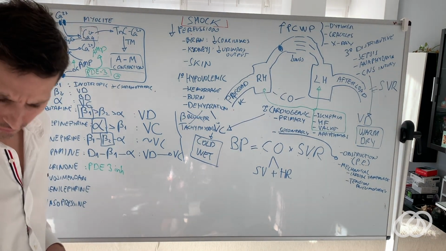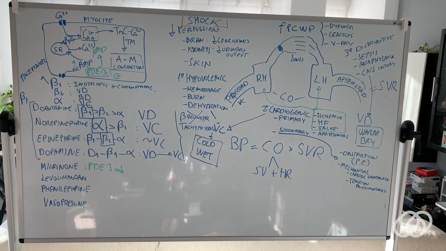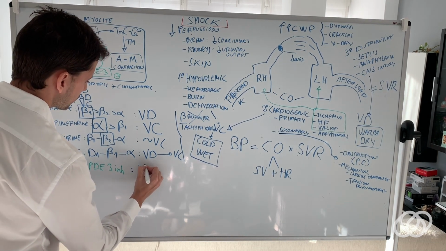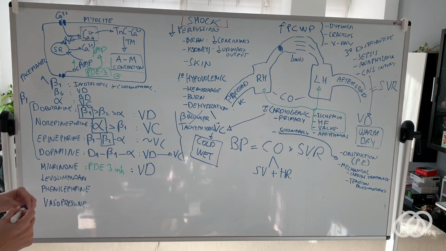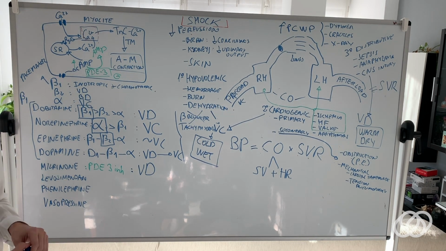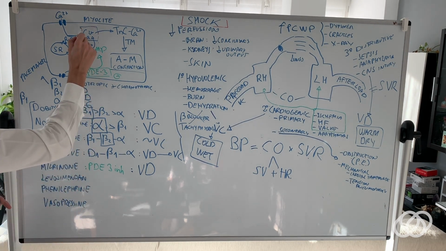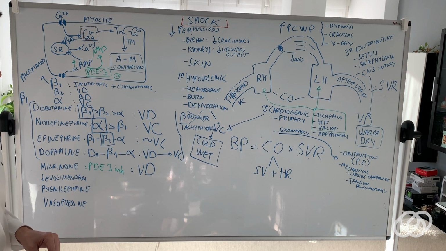Milrinone also increases the cyclic AMP levels in the smooth muscles and also produces huge vasodilation, even more than dobutamine. And finally, we have another inotropic agent that is going to bypass this problem that we have already mentioned. We have already mentioned that the store of calcium inside the myocyte is negative because it produces arrhythmia.